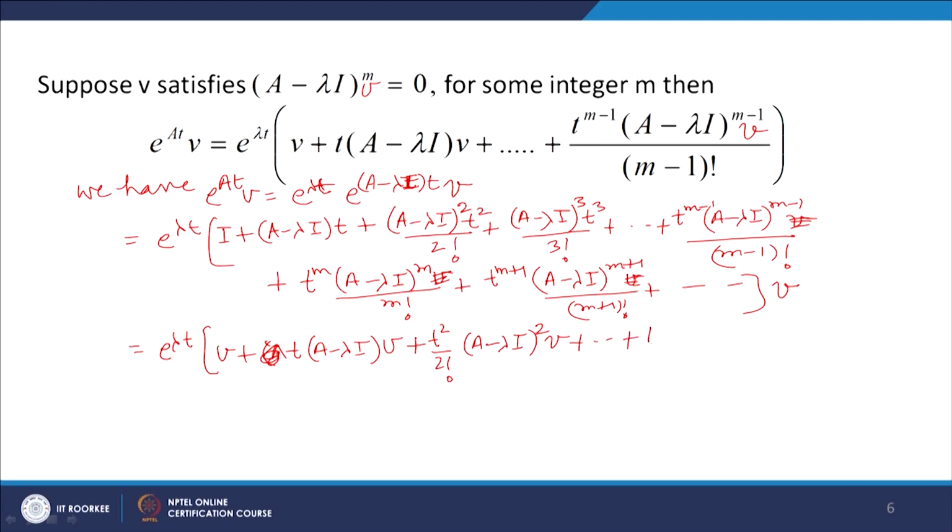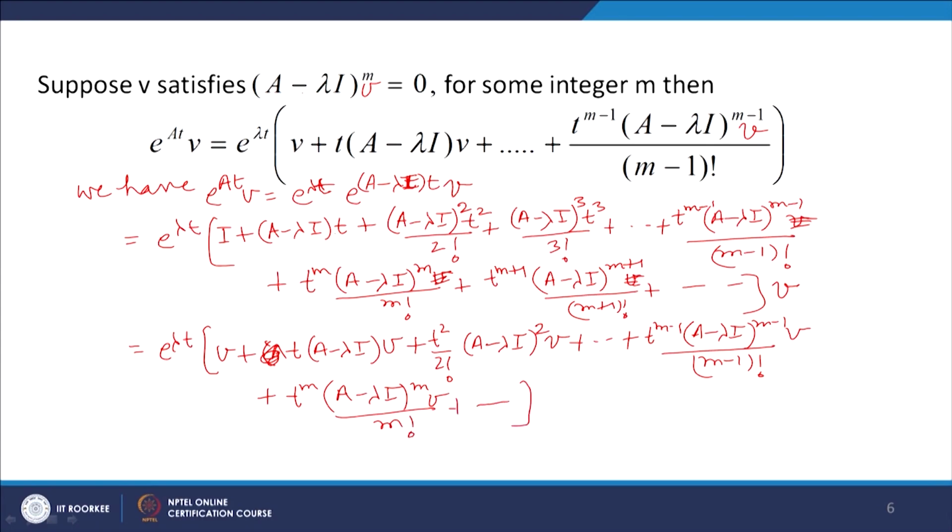We get t to the power m minus 1 (A minus lambda I)^(m minus 1) b upon (m minus 1) factorial, and then t to the power m (A minus lambda I)^m b upon m factorial, and so on.